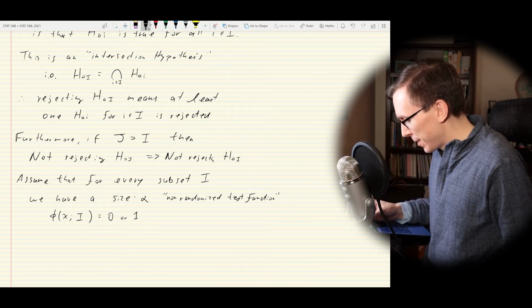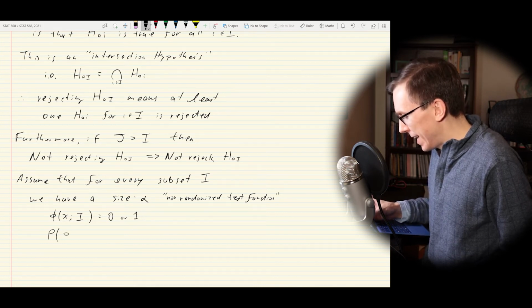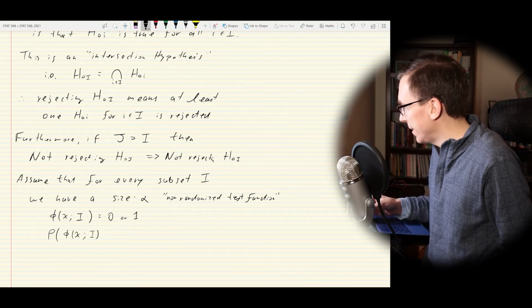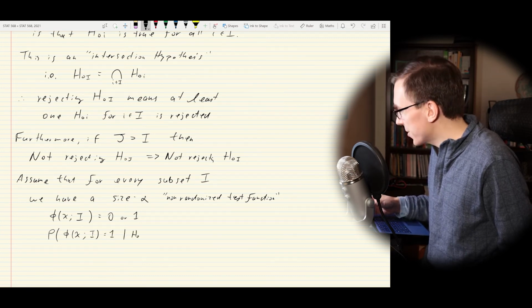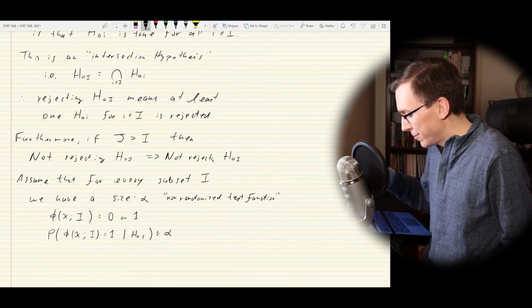And the probability that phi of x, I hate x here because x doesn't really mean anything, but we'll just stick with the notation, under H naught I is less than or equal to alpha.